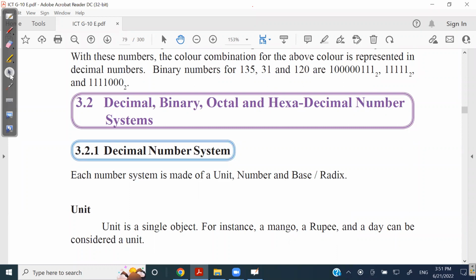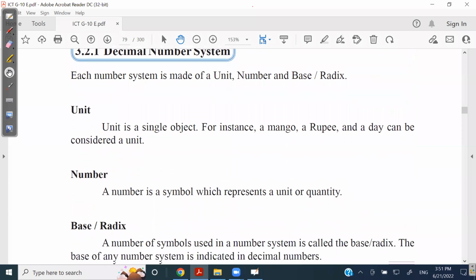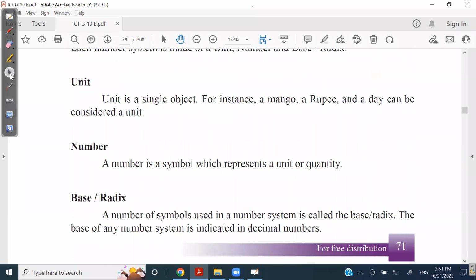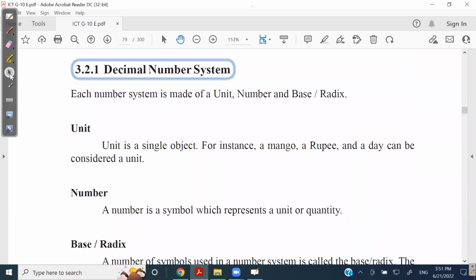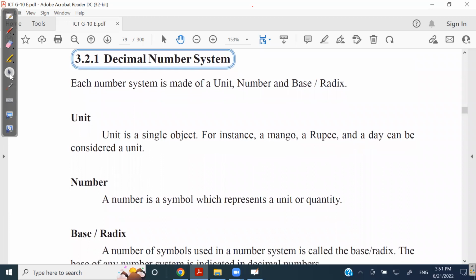Before we go to the conversions, there are some specific placements that we have to understand, and specific terms are also there. As this explains, each number system is made of something called unit, something called numbers, and something called base. A unit is called a single object.